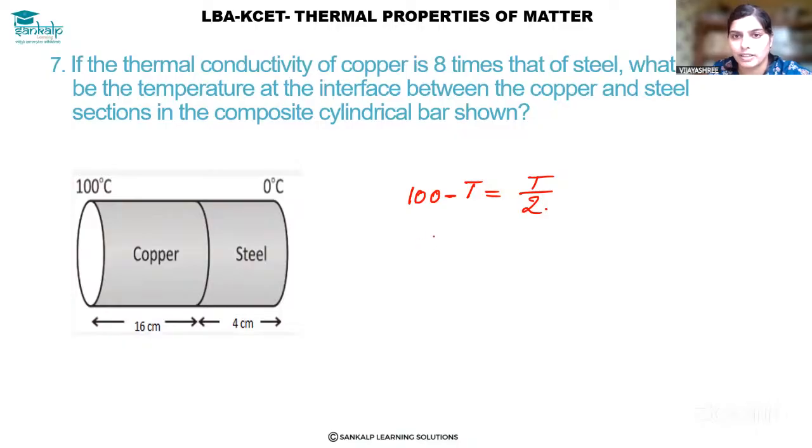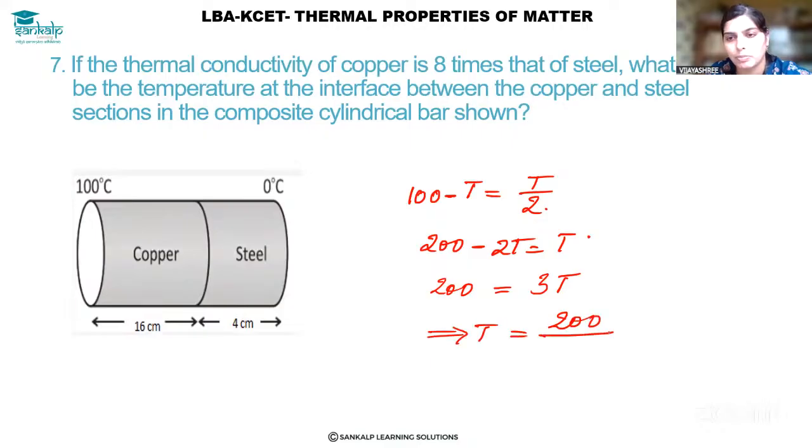So cross multiplying, we get 200 minus 2T equal to T. Therefore T equals what now? Simplify this. Simplifying, 200 is equal to 3T, right? 200 is equal to 3T implies T is equal to 200 divided by 3, which is equal to 66.6 degree Celsius.